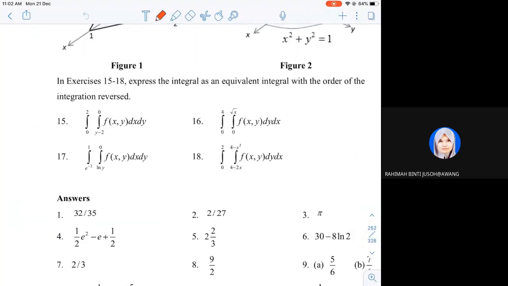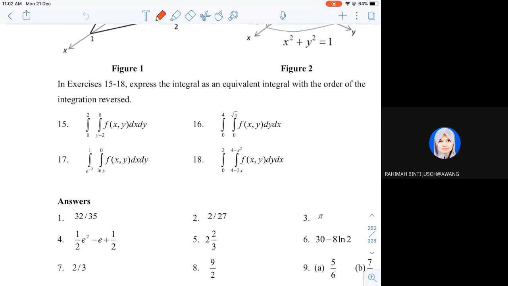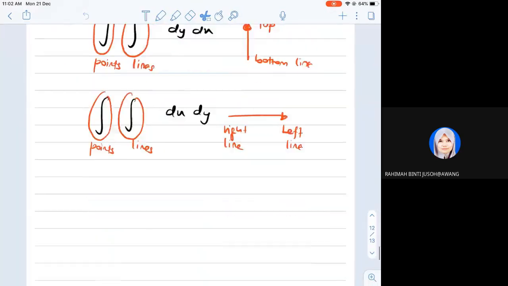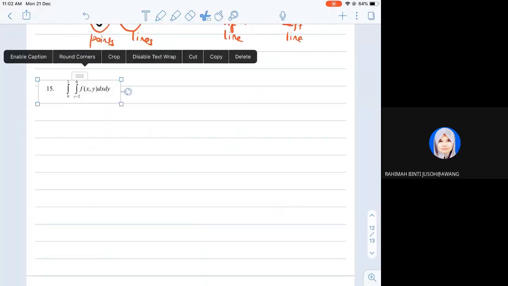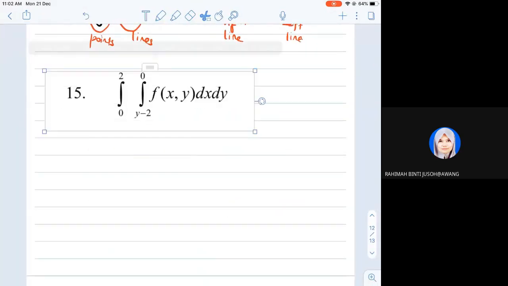Let's take a look at this question. Okay, let us start with a very simple one. Question number 15. First of all, in order to reverse the order of integration, right now in this case, you are given dx dy, so basically you need to reverse the order.